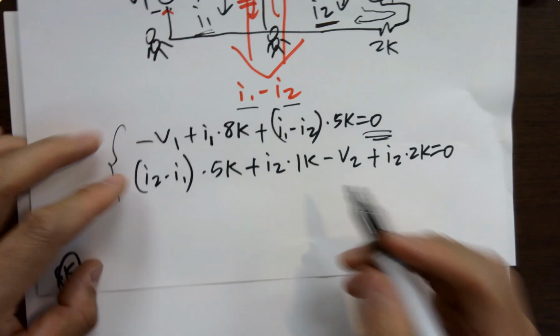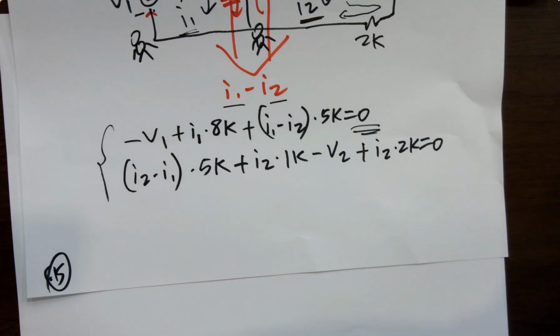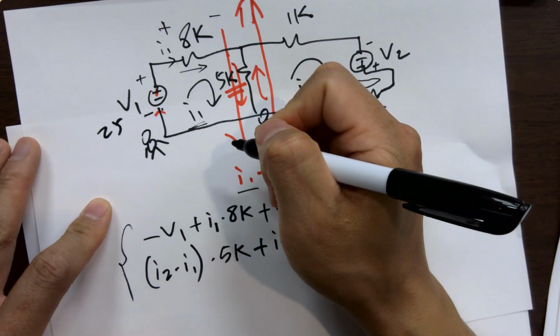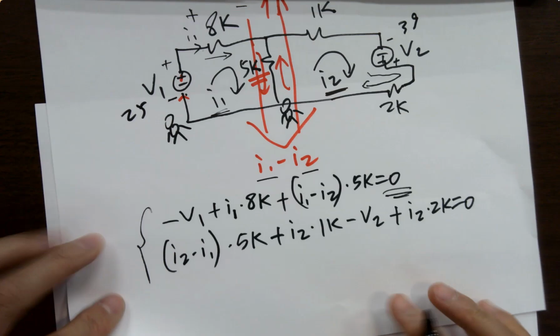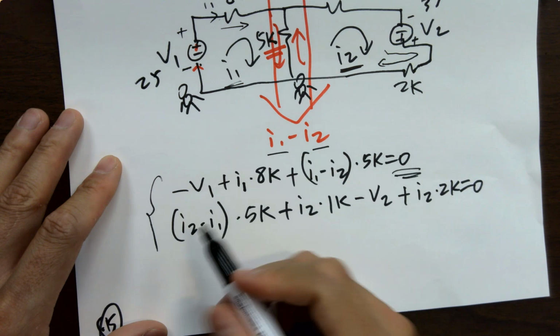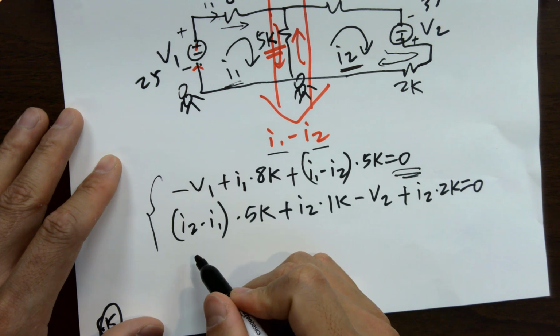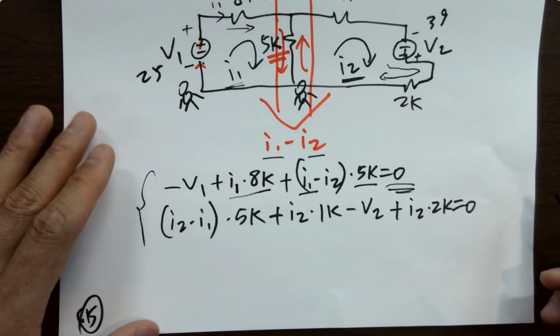Okay, keep moving. The tutorial shows you that 2x2 matrix. Let's do it. So what are V1 and V2? V1 is 25. V2 is 39. Okay. Combine all the I1s and then I2s and put the constant on the right side of the equation.